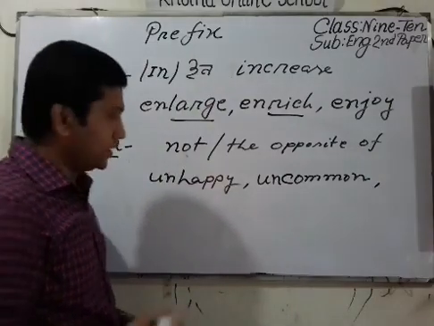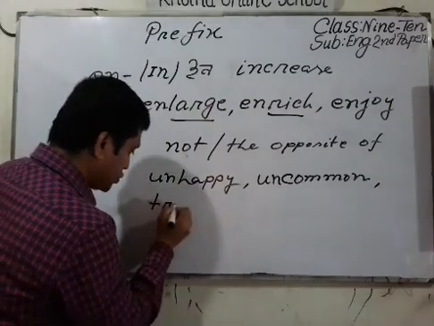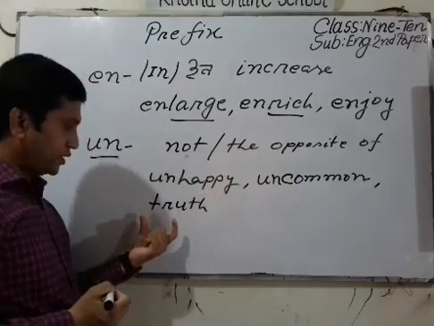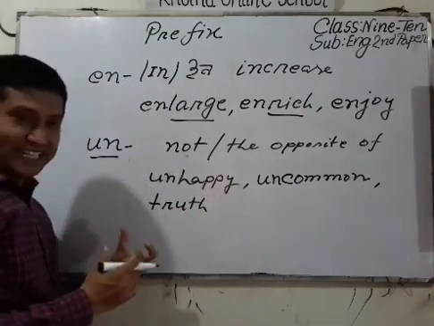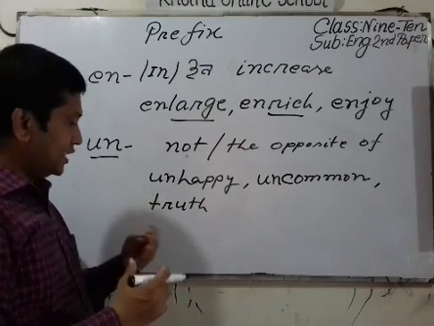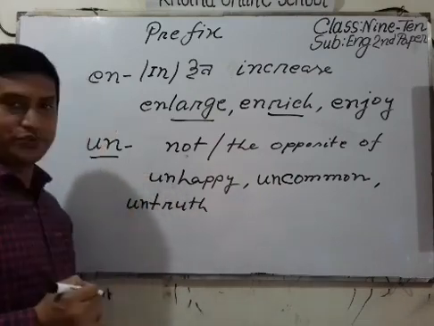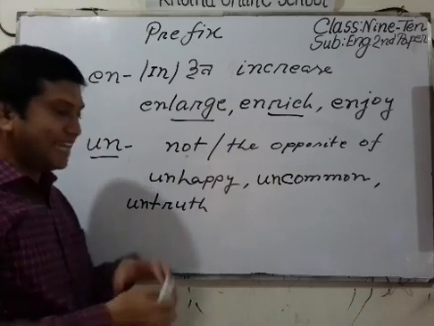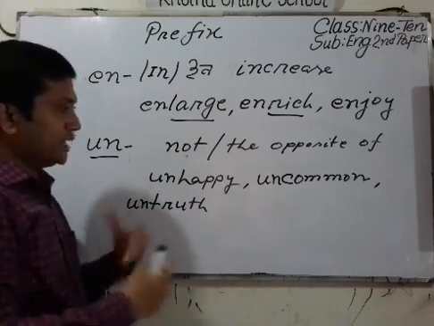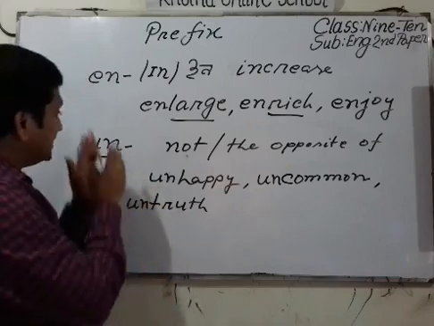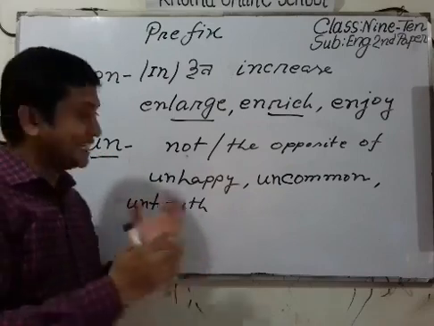Another example word, suppose truth. If you want to turn it into the opposite word, you can write untruth. Thus we can turn any word into its opposite, or these types of prefix negate the words.